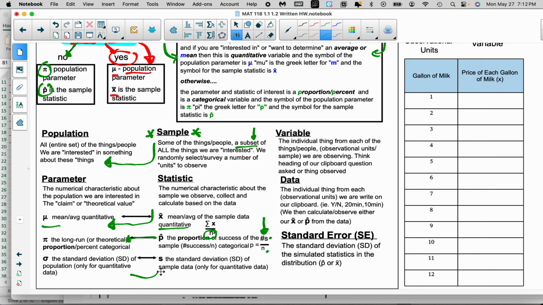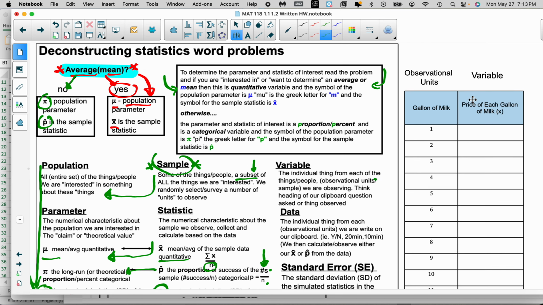We'll get into standard deviation at some point, but it follows the pattern where whenever we see a Roman letter, that means we're talking about the sample, and it has a corresponding Greek letter that tells us we're talking about the population. The variable is the individual thing from each of the things that we observe.